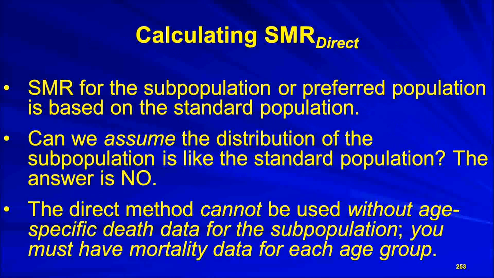Okay, so when we're looking at SMR for the subpopulation or a preferred population, we're going to compare it to a standard population. So let's say in this case we're going to look at Honolulu, Hawaii, in Honolulu County, and we're going to look at that in relationship to the U.S. population, because we want to know a couple of things.